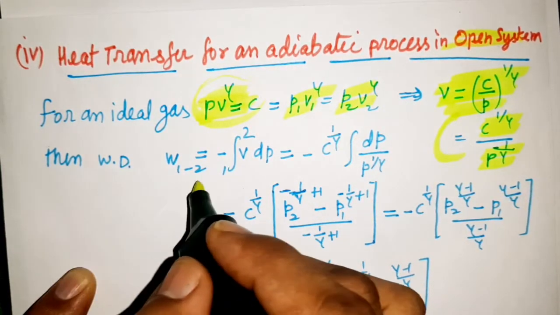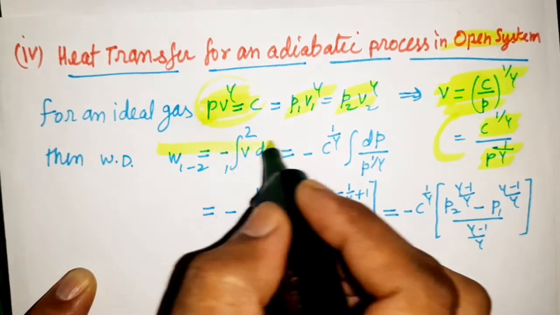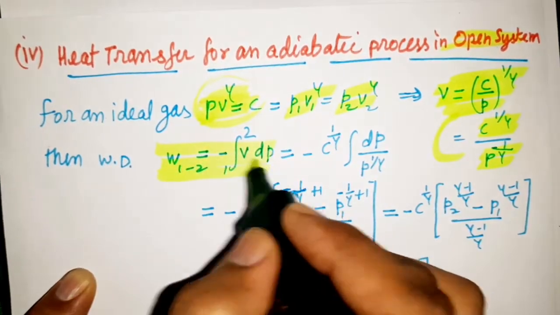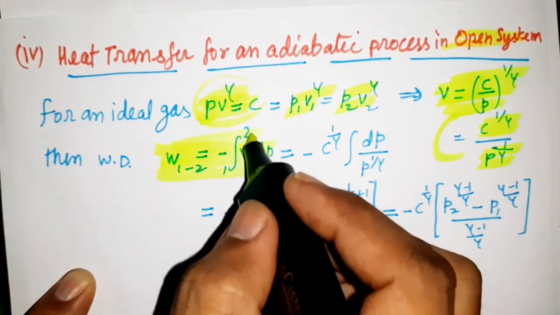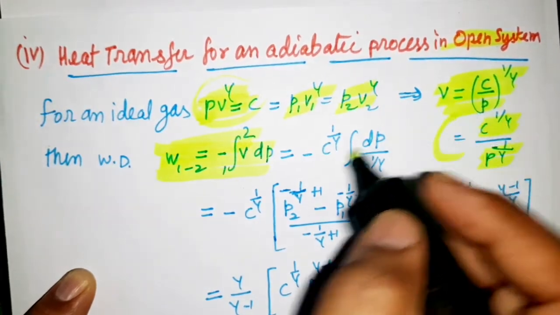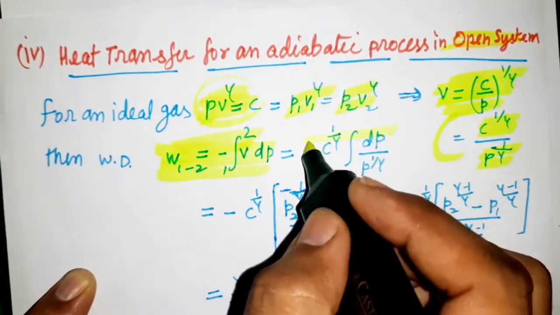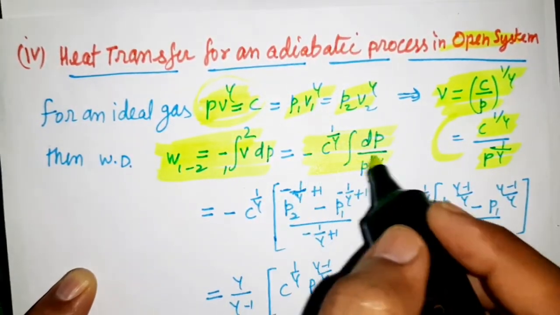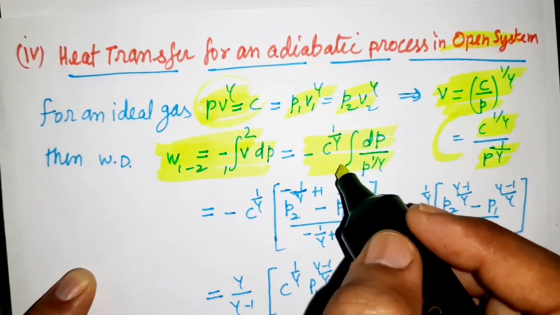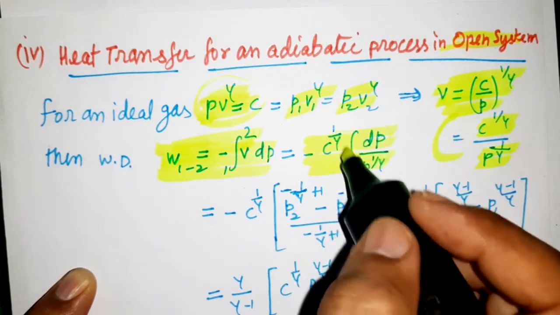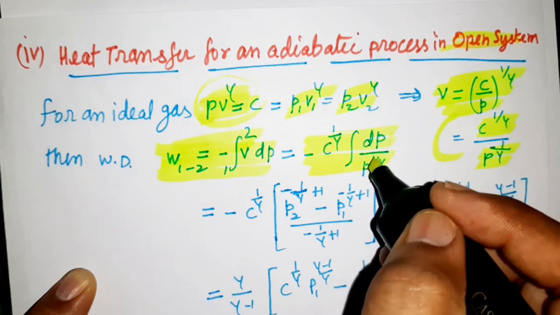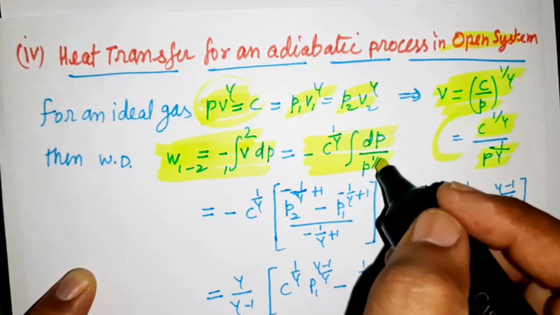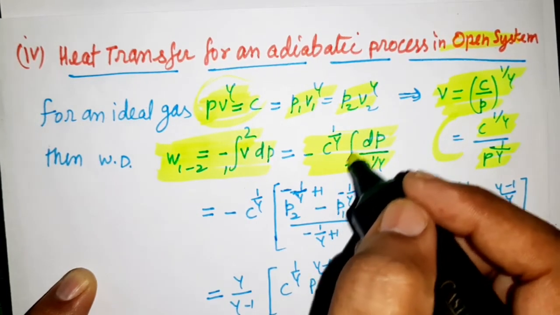Work done W12 is equal to minus V dP. So in this formula we will place the value of V from here. So this can be written as minus C to the power 1 upon gamma, integration of dP upon P to the power 1 upon gamma, limit is 1 to 2.